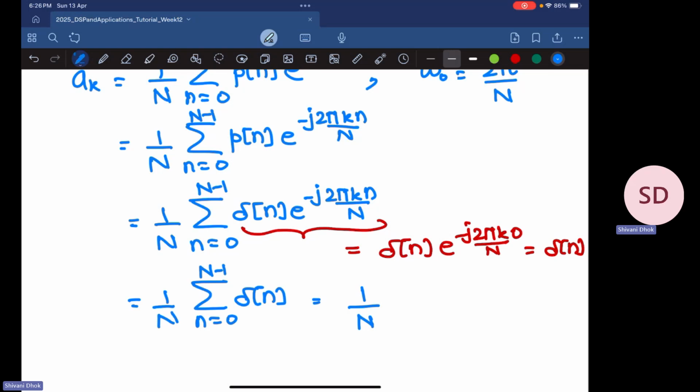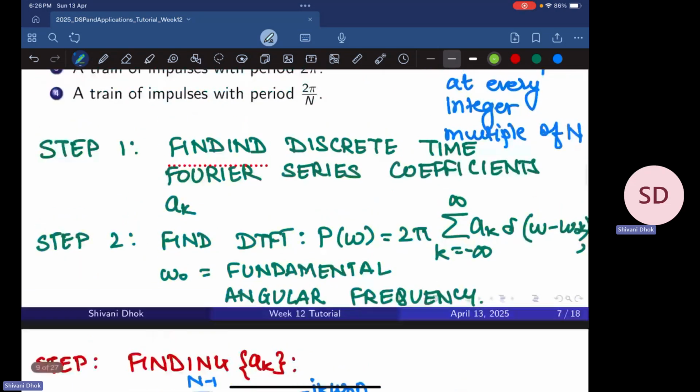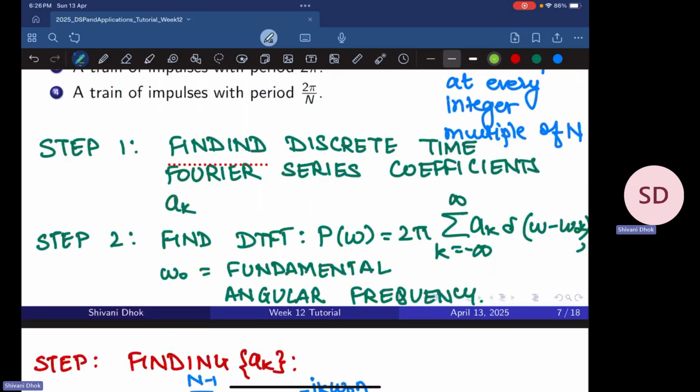So what we get is 1 over N. Okay. So now I have the a_k's which I wanted to find.